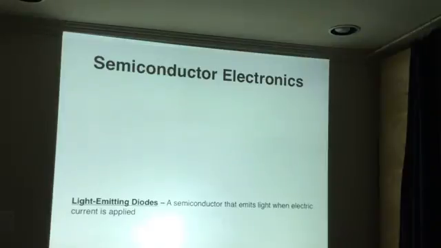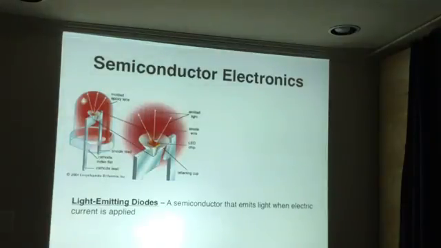It's somewhat similar to the reverse of what I showed you in the last slide. In other words, that was the production of electricity by shining light on semiconductors. This is the opposite, where you apply a current to a semiconductor diode, and it produces light energy in the process of the transfer of electricity.